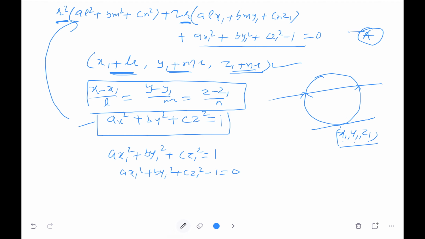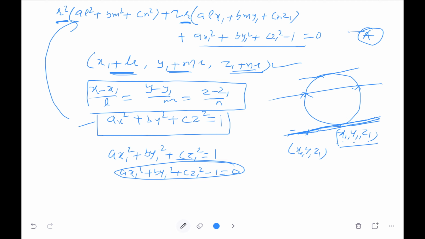If x1, y1, z1 is any other point, this equation will not be satisfied, but we want this line to be the tangent line at the point x1, y1, z1. Instead of 2 points, the line should intersect the conic at a single point only.